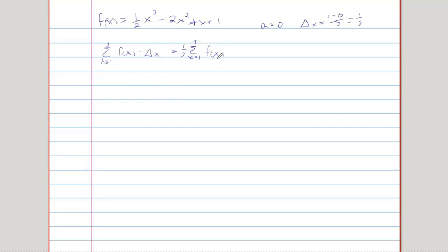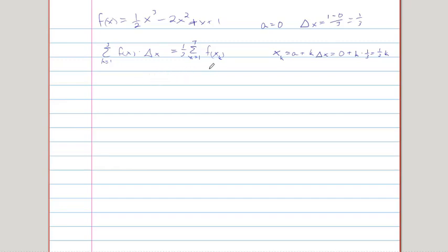Alright, but here we can just plug in the x, the x sub k rather, I should be a little more careful. The x sub k is a plus, and since this is a right Riemann sum, we're doing k times delta x, and so that is 0 plus k times 1/3, or let's call this 1/3 k.